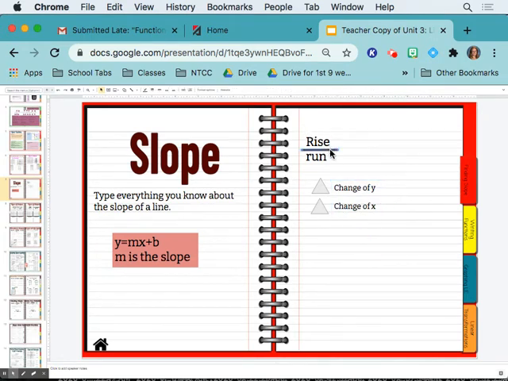So the little triangle is called delta, like I was saying earlier, and that means change. Change of y over change in x. Okay, what else?